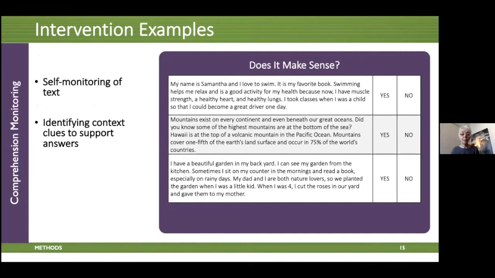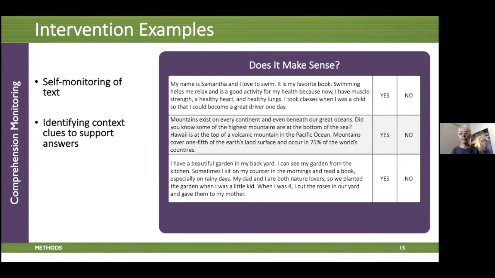We also focused on comprehension monitoring. And by comprehension monitoring, we're really trying to get students to enter into that phase in which they use executive functioning to monitor their own sense making, so that they start to ask questions about whether what they're reading makes sense. And if it doesn't, what aspect of what they're reading doesn't make sense, whether it's a word or a phrase.